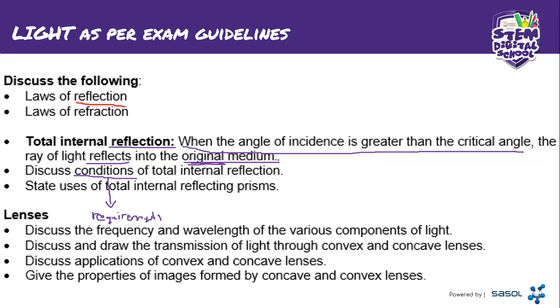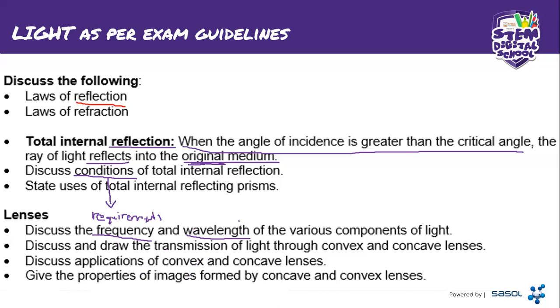So we deal with a convex lens as well as a concave lens. And we are required to be able to discuss the frequency and the wavelength of the various components of light. So we must know what is the relationship between frequency and wavelength. We need to know that.